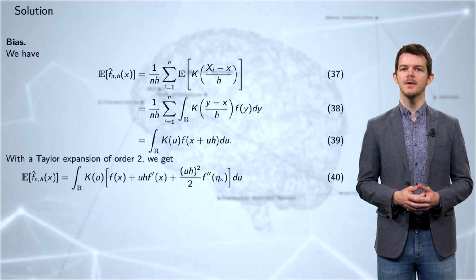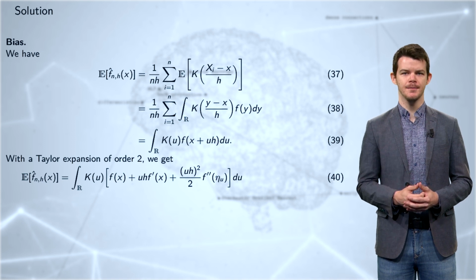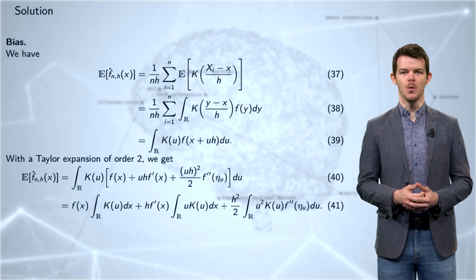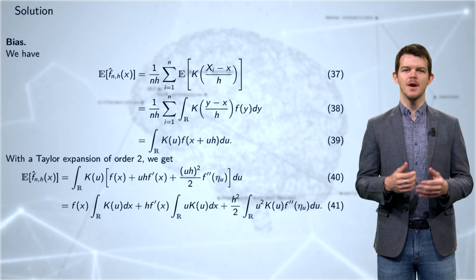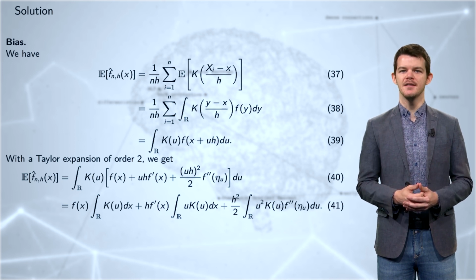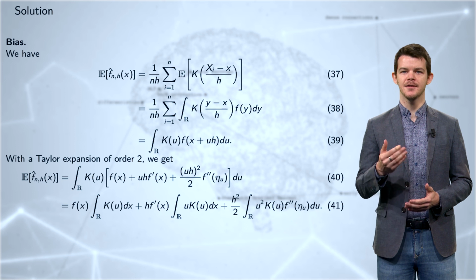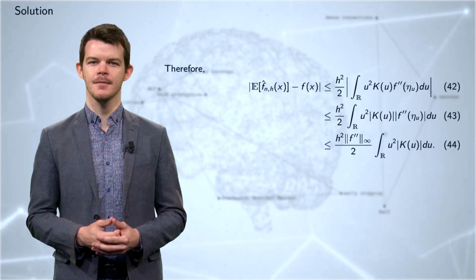Then we can use the Taylor expansion of order 2 on f, which is twice differentiable by assumption, to obtain equation 41, where eta u is a point between x and x plus uh. Since we have imposed that the integral of k is equal to 1 and that k is symmetric, the first term in 41 is equal to f of x and the second term is null.